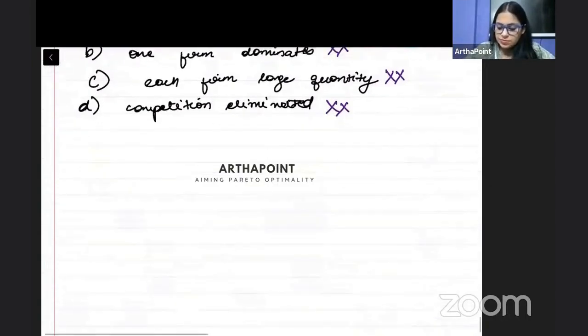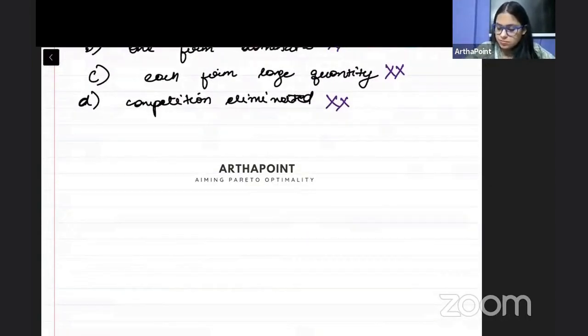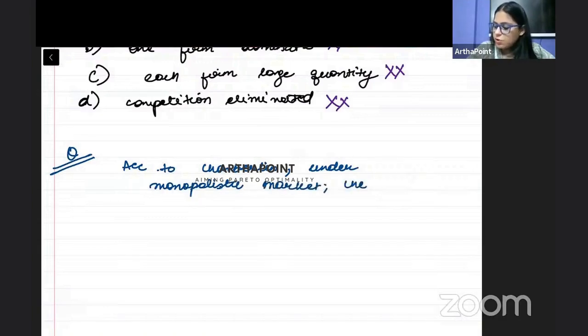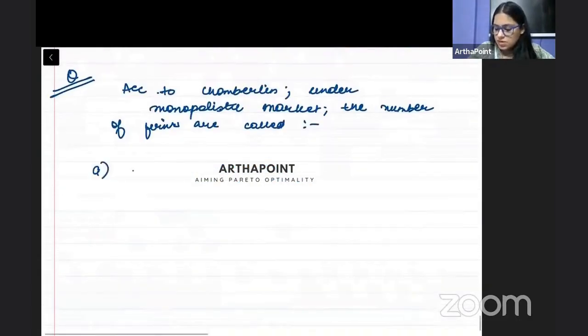Okay beta, write down the next question. According to Chamberlain, under monopolistic market, the number of firms are called, option number A, industry.